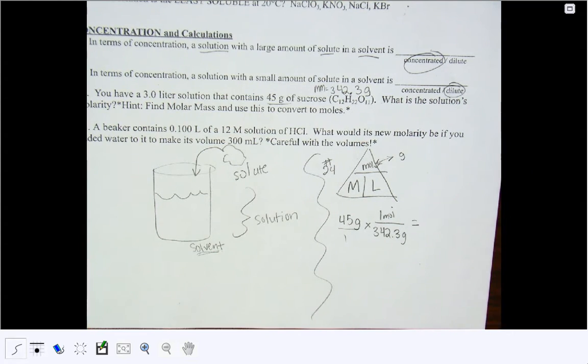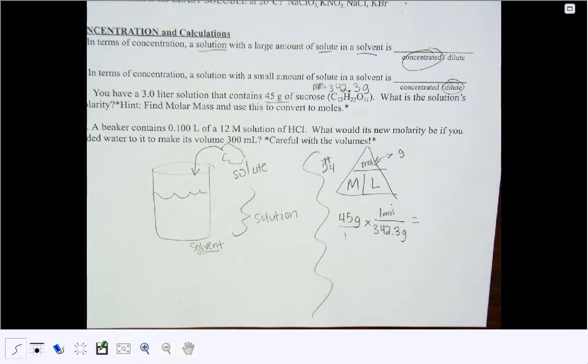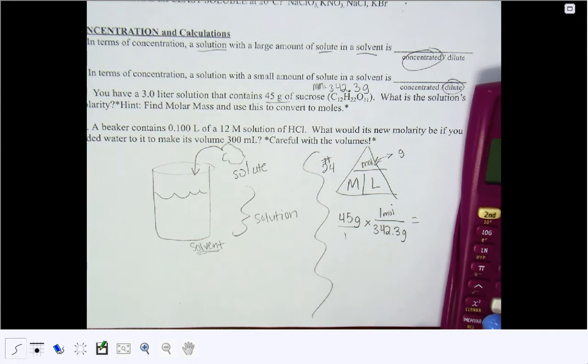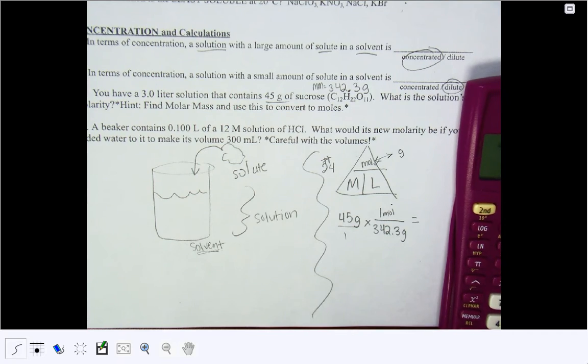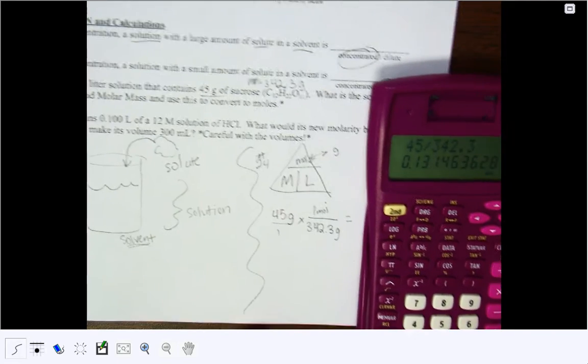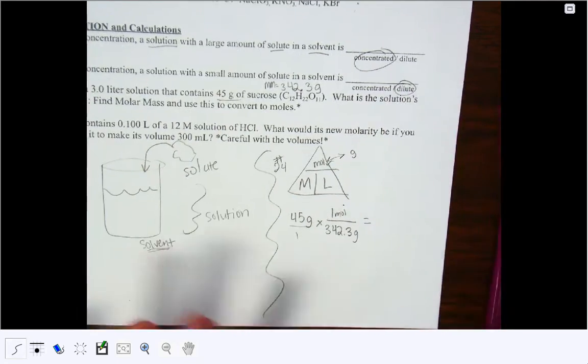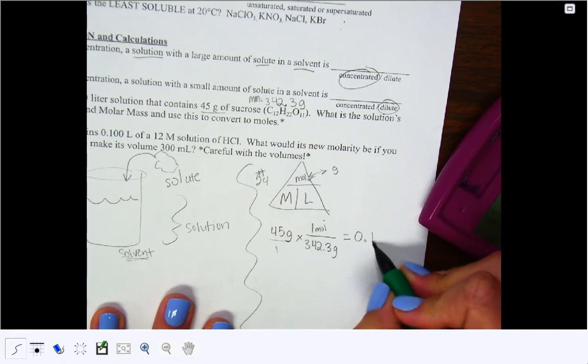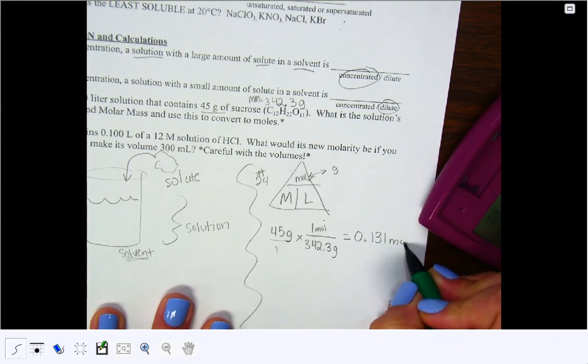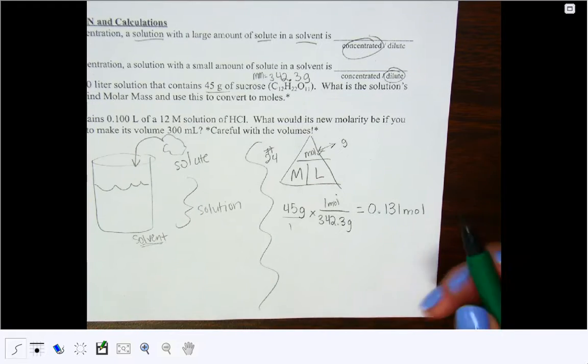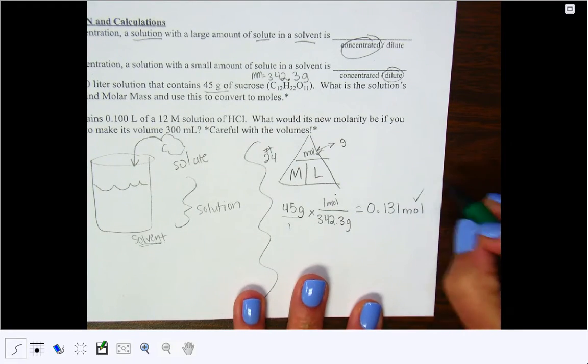So when we divide those two numbers, we should be getting a value of whatever I get. So I have 45 divided by 342.3. So I got 0.131 moles. Okay. Once I have moles, I'm good to go.